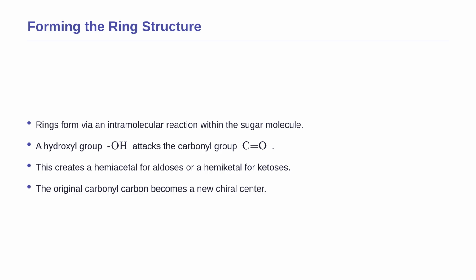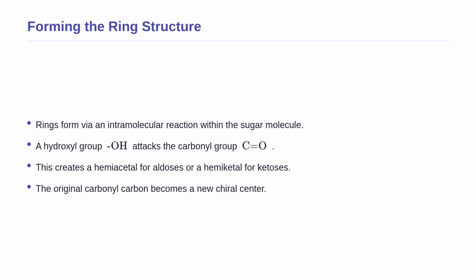Understanding the shapes leads us to ask how these rings actually form chemically. These rings form through an intramolecular reaction, meaning the molecule reacts with itself. Specifically, a hydroxyl group on the sugar chain attacks the carbonyl group of the exact same molecule.